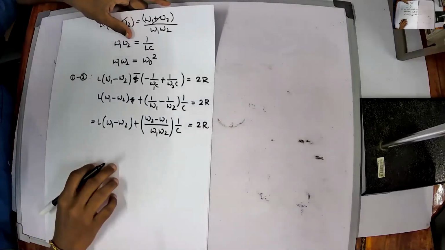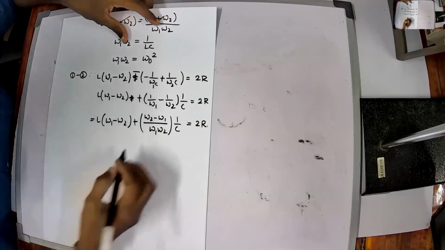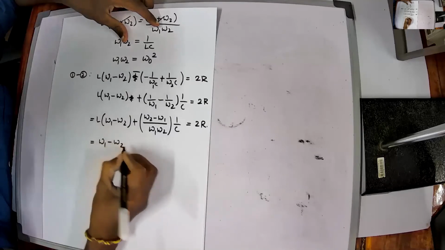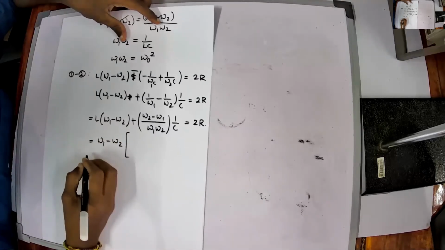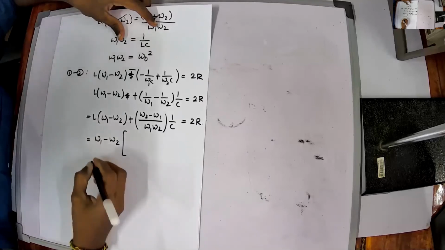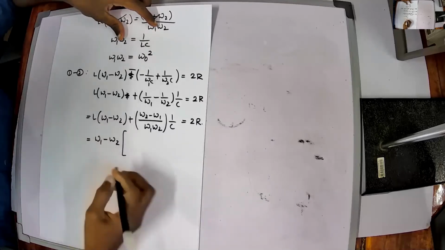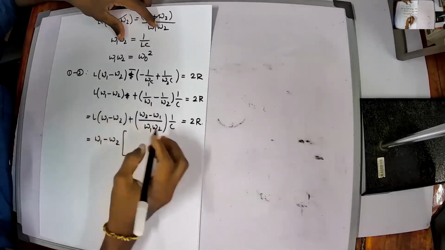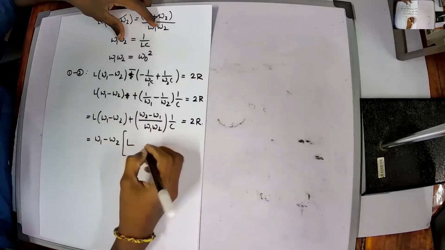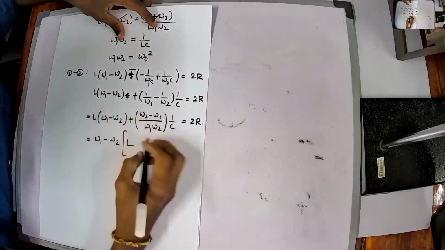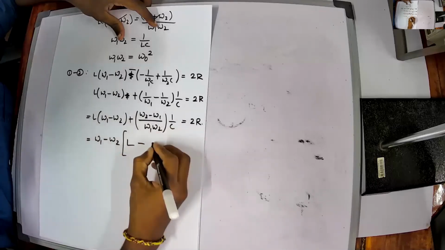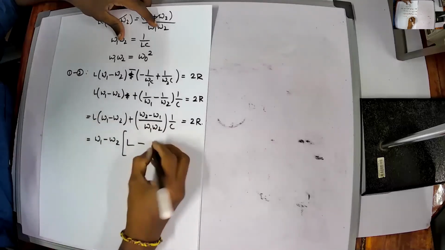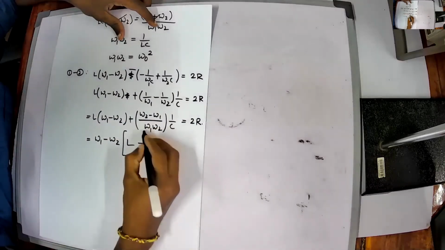So what I can do here is take omega 1 minus omega 2 as common. So I can write this as L into omega 1 minus omega 2, plus 1 over C into omega 1 omega 2.